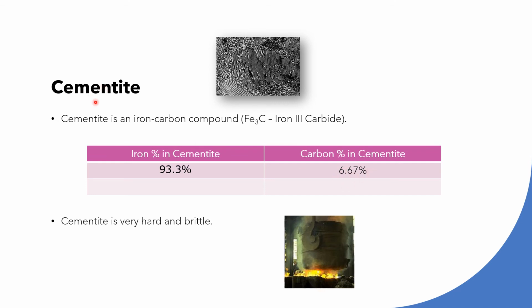Pig iron has about 4%, steel is about 1%, cementite has 6.67%. 2% is going to be in austenite. So quality: cementite is hard, breakable, brittle. This is how we heat things up in a furnace.